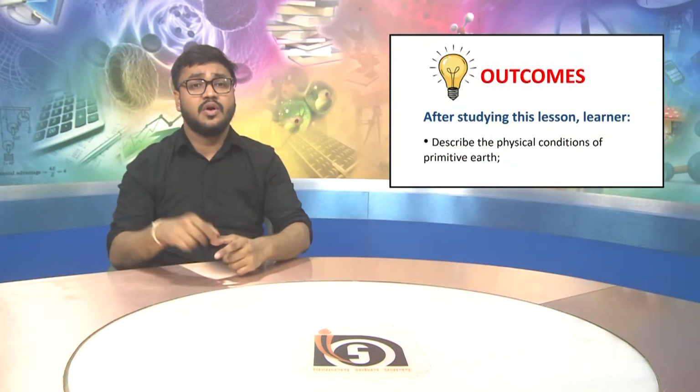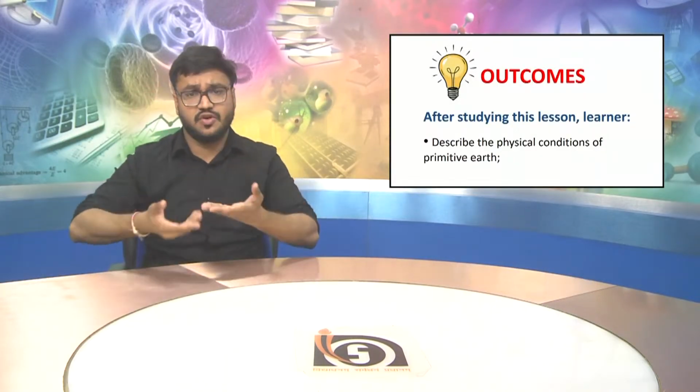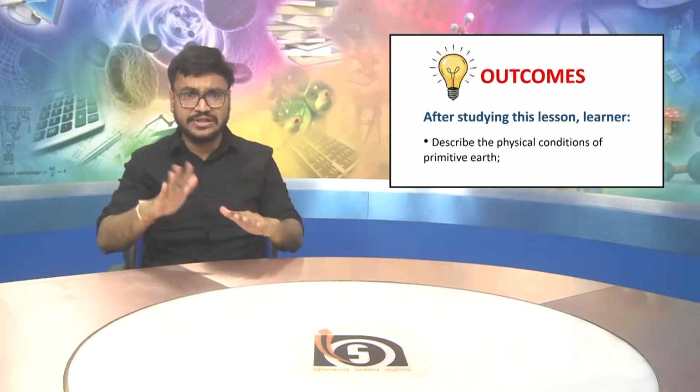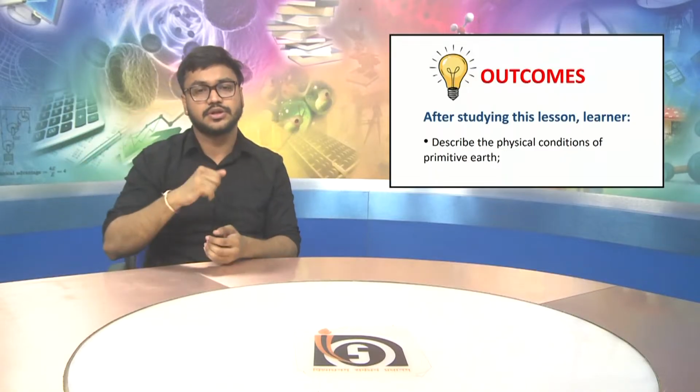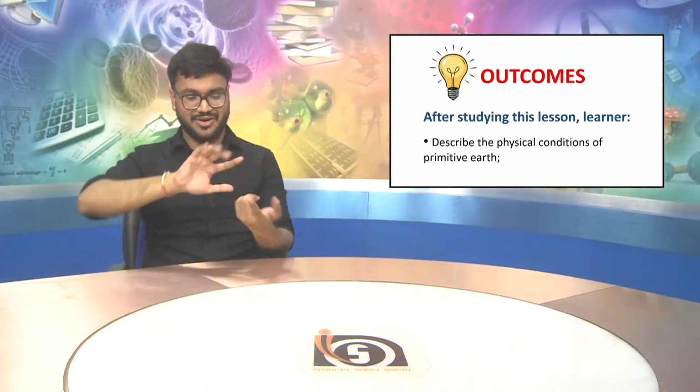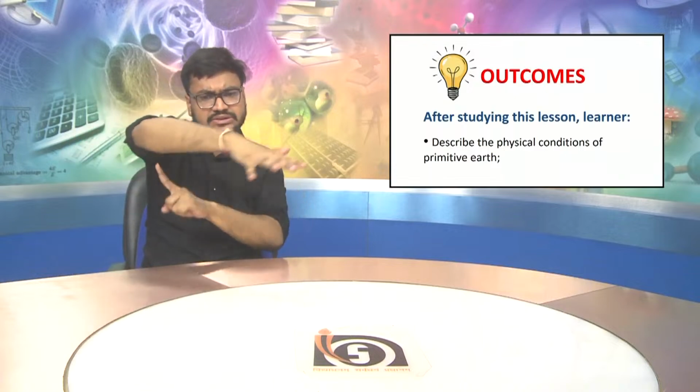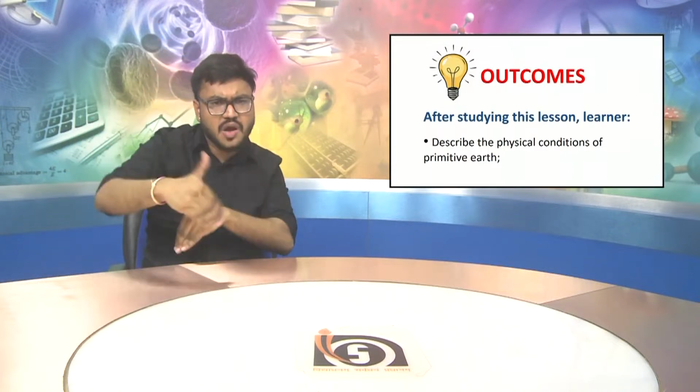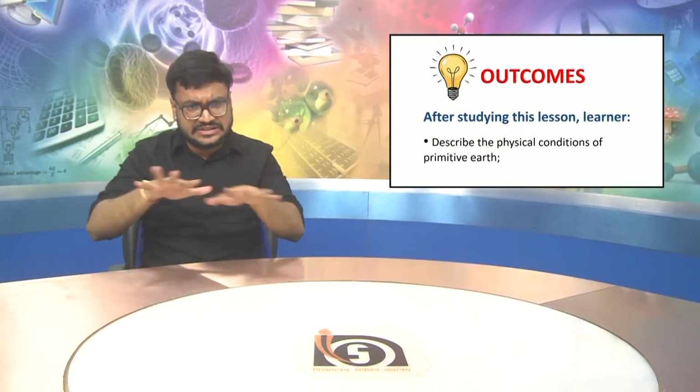Now we have learned our difficult words, so let's start with our lesson, which is history of life on the earth. After studying this part, we will be able to know some points. First, we can describe the physical conditions of primitive earth.